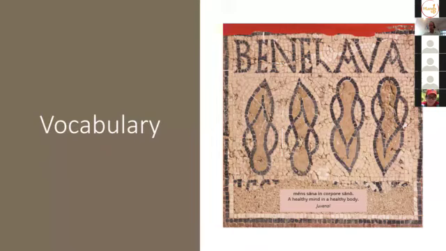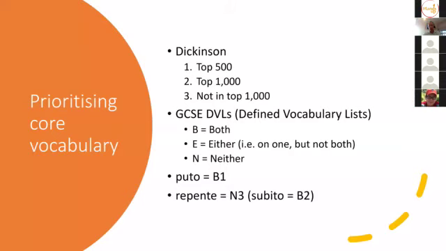Okay, let's have a look briefly at the vocabulary that we've chosen for the course and how we've gone about that. So these are the two main drivers again. The Dickinson list of the top 1,000 most common words in Latin literature.